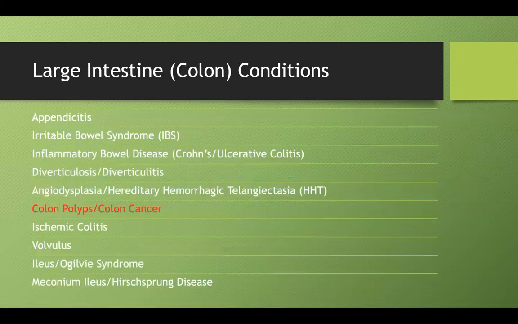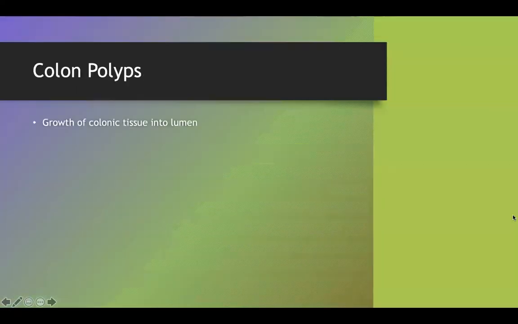So now we're going to spend a decent amount of time on colon polyps and colon cancer. I promise once we get through this, the other 4 sections go pretty quickly. So a colon polyp is just a growth of colonic tissue into the lumen. It's kind of like the opposite of diverticulosis in some ways, in the sense that it grows inward instead of out.